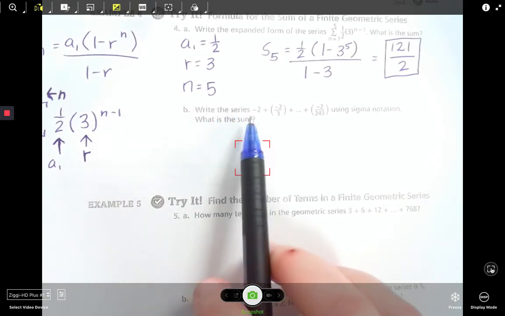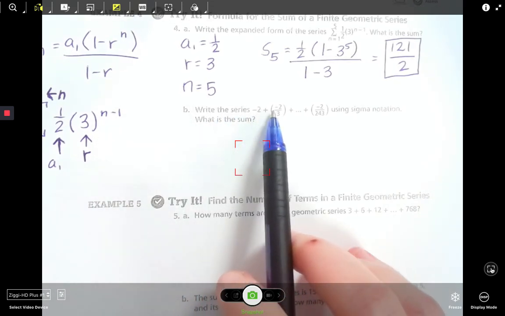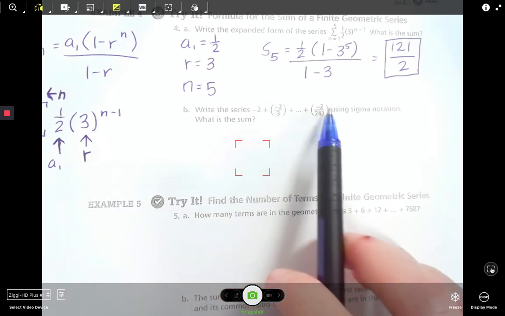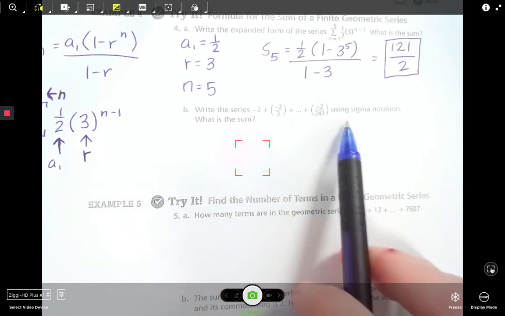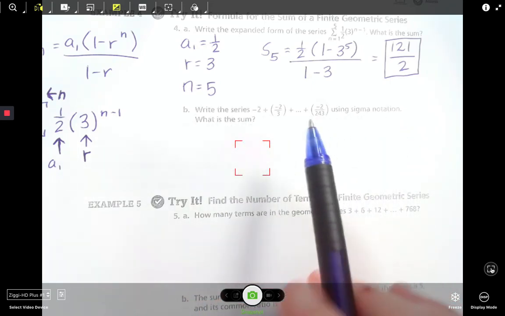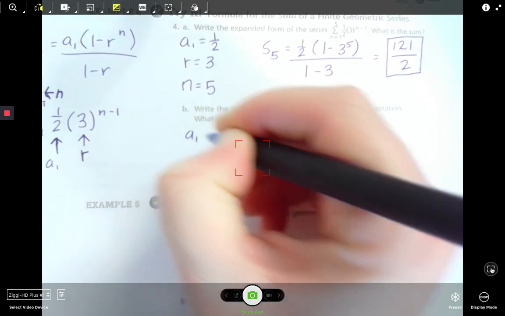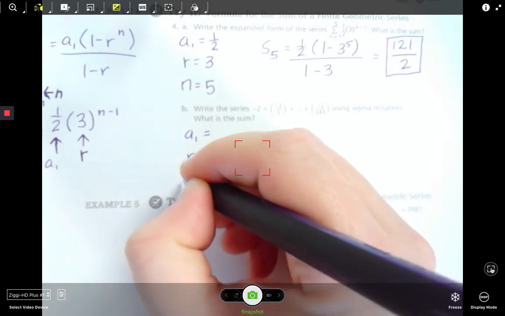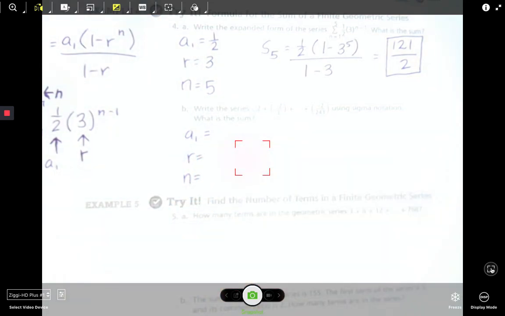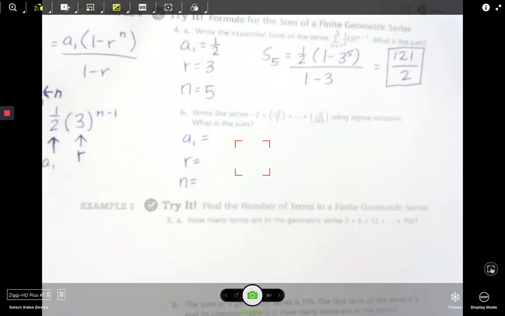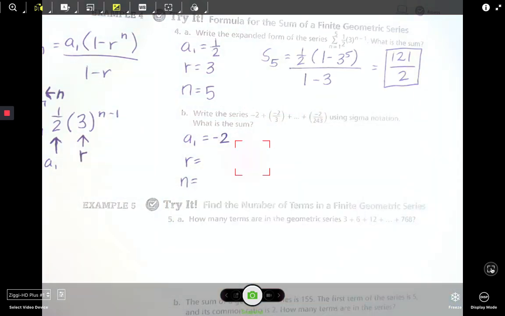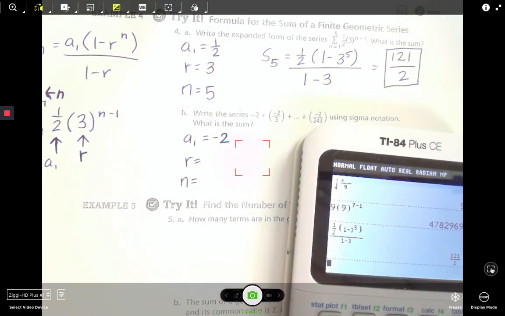All right, now this says write the series -2 plus -2 over 3 plus ... plus -2 over 243 using sigma notation. So what is the sum? Again, we need to figure out what a sub 1 equals, what r equals, and what n equals. So what's the first term we have in this series? -2. Well, how am I going from -2 to -2 over 3?